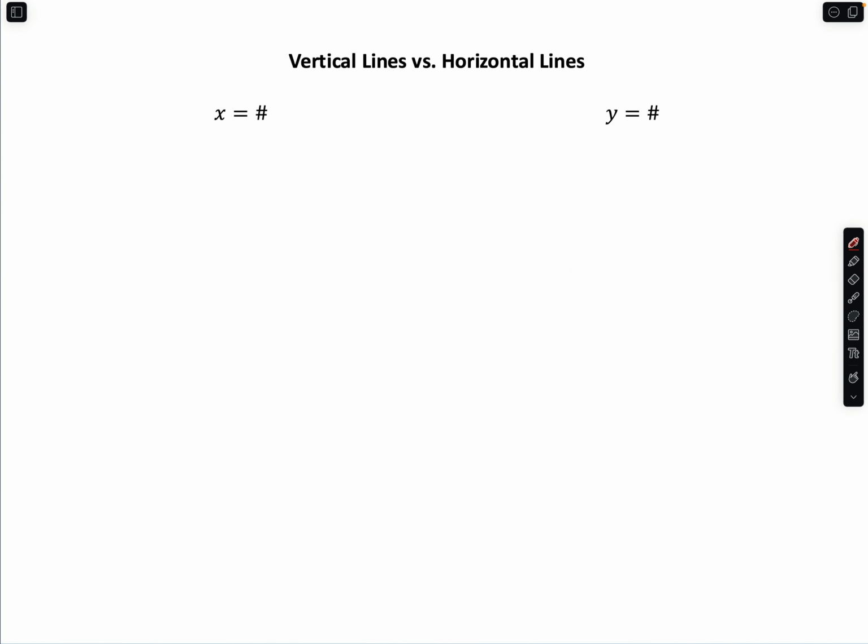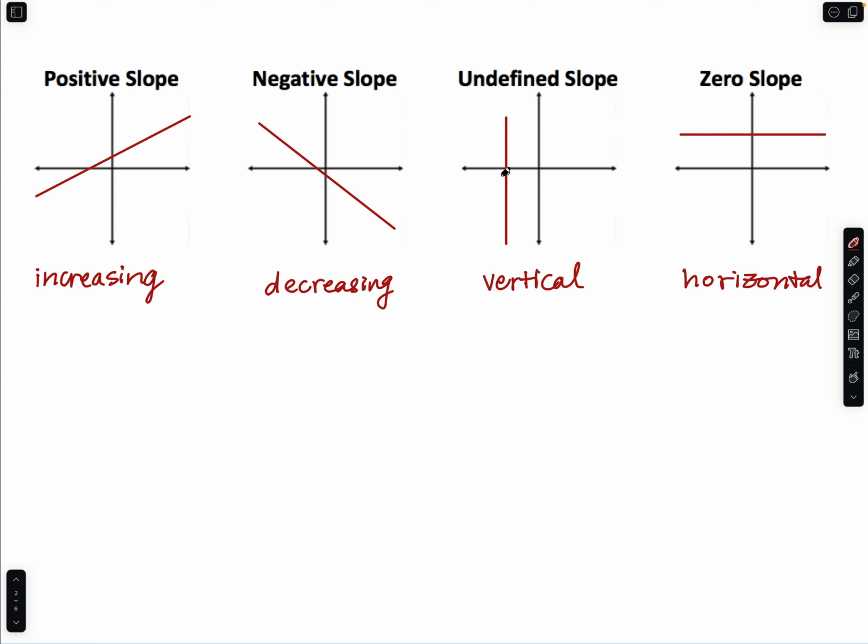So what's the difference between a vertical and a horizontal line, other than one goes up and down and one goes side to side? They have some special equations. So vertical lines are going to be an equation where it's going to be x equals and then some number, some constant. And the reason why a vertical line happens like this is because let's consider the vertical line that we have here.